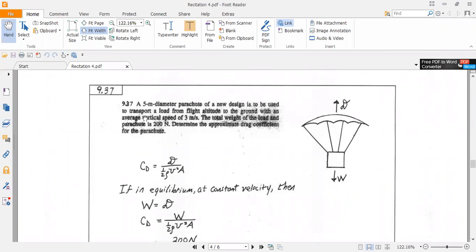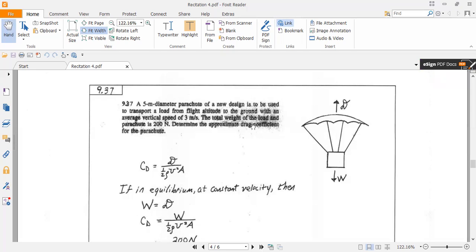In this question, you see that it's written: a 5-meter diameter parachute of a new design is to be used to transport a load from flight altitude to the ground with an average vertical velocity or speed of 3.3 meters per second.